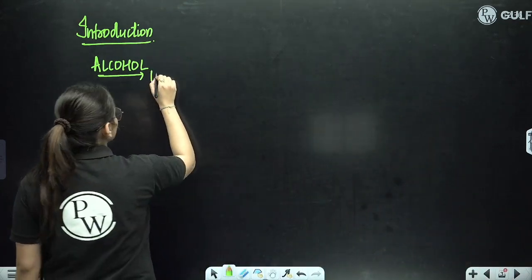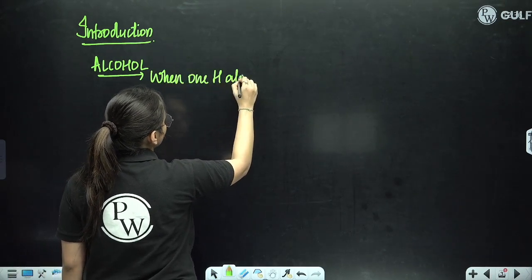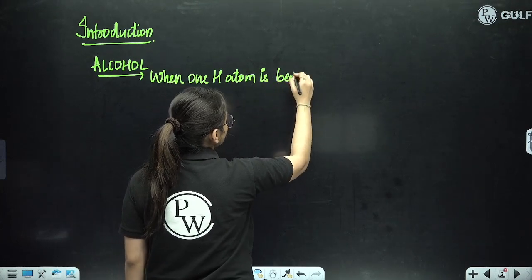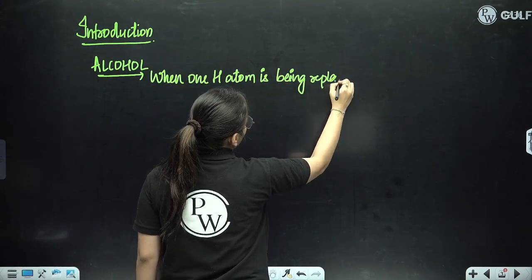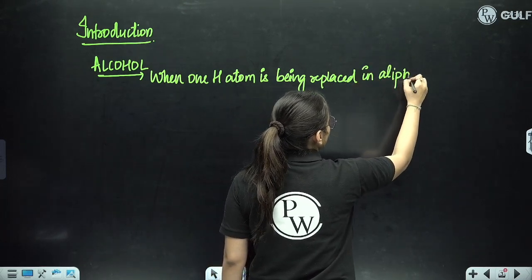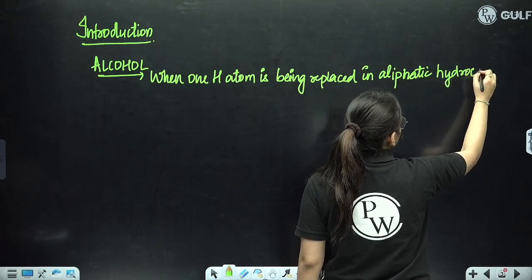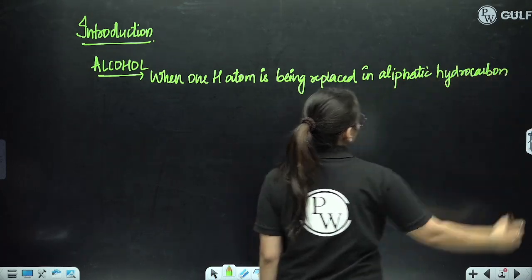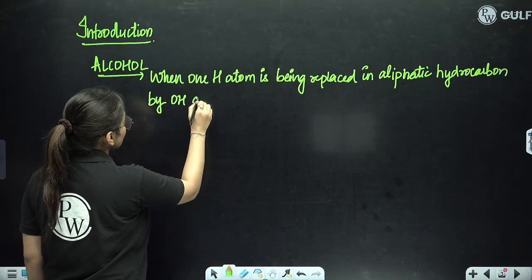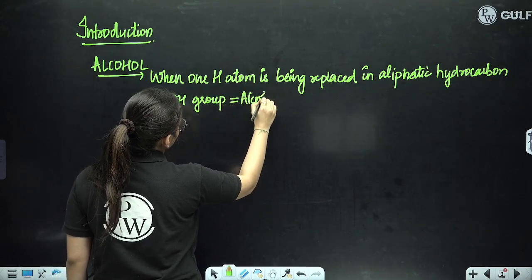So, when one hydrogen atom is replaced in an aliphatic hydrocarbon by an OH group, that is referred to as your alcohol.